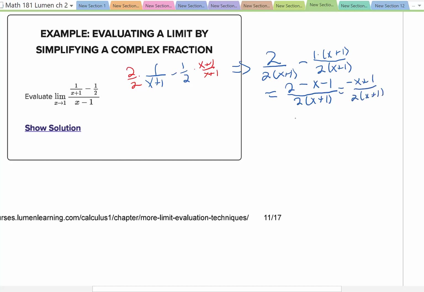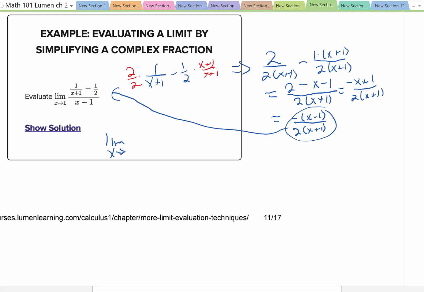And I could see where this might be going. So we could treat this as the negative of x minus 1 over 2 times x plus 1. Okay, now I'm going to take this back and put it in place of this numerator. So I'll have the limit as x approaches 1 of negative of x minus 1 over 2 times x plus 1, all that over x minus 1.